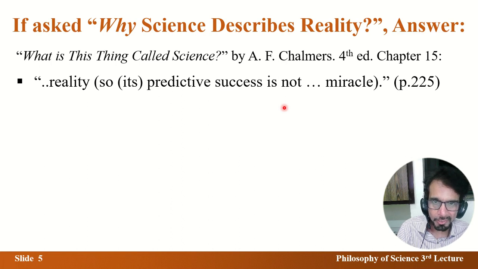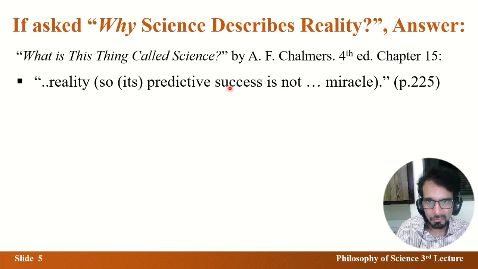A side issue is that I started this lecture by saying that you have to learn how it can be that philosophy explains science. Here Chalmers is explaining not science, but the success of science.